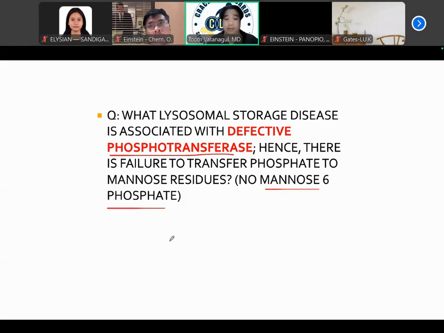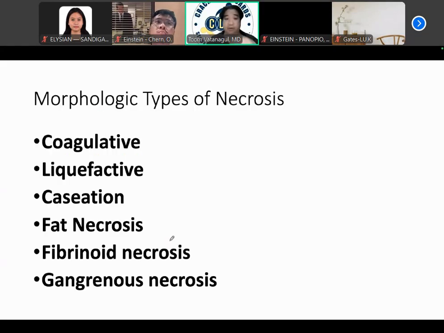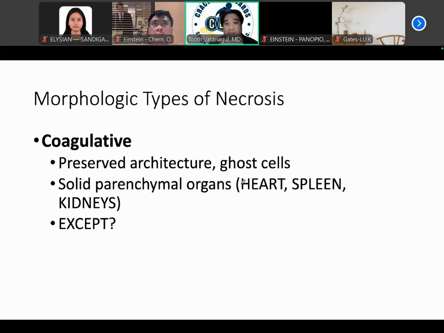Now, lastly, let's go over the morphologic types of necrosis. These are the general types: we have coagulative, liquefactive, caseous, and fat necrosis, followed by fibrinoid and gangrenous necrosis. Now, let's go over each one.